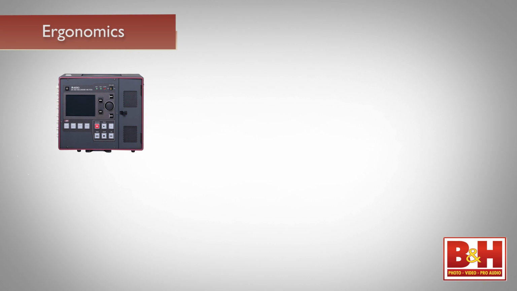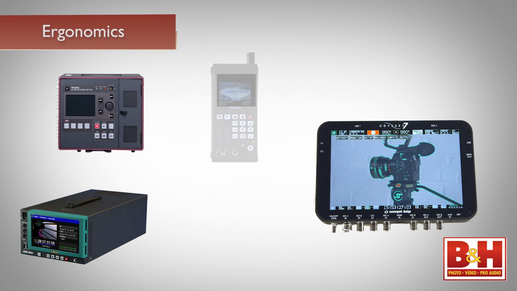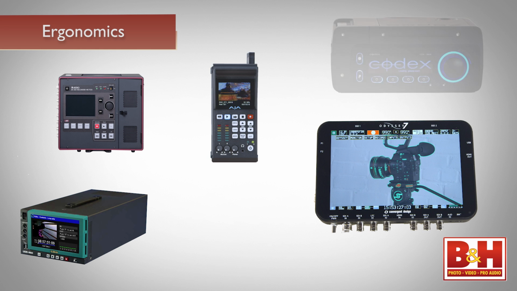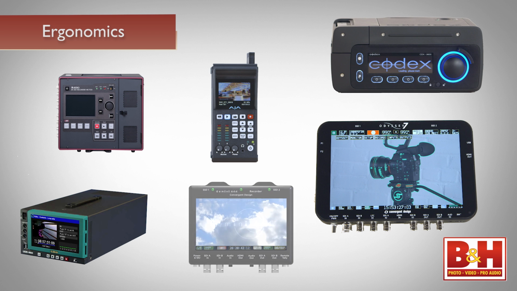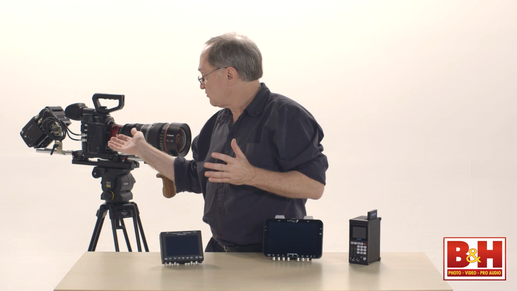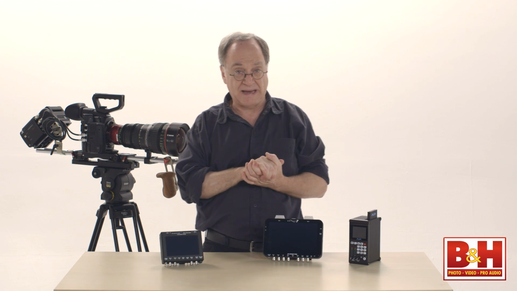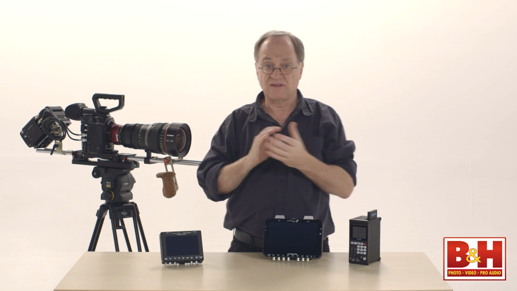Now, lastly, ergonomics. I remember when to capture RAW, you had very, very large systems that were the size of small refrigerators, and that was only a few years ago. So these are each modern miracles. They're very compact, they're very light. This is a handheld rig. I could easily have that Codex S recorder on the back. I would hardly feel the weight.